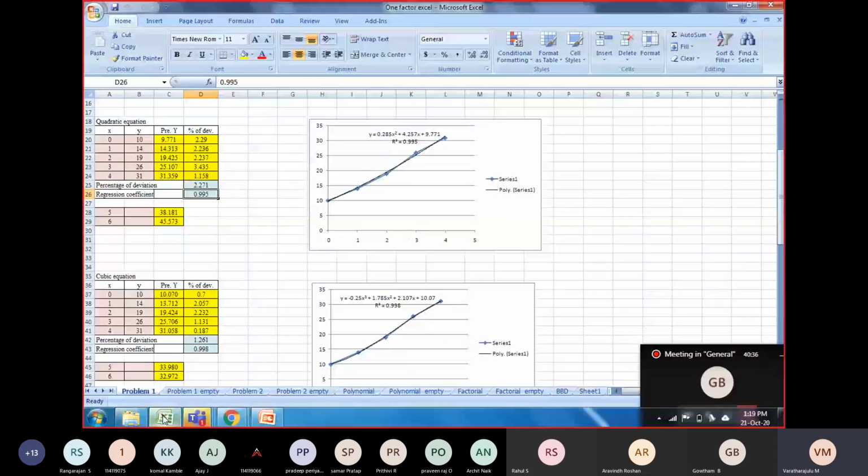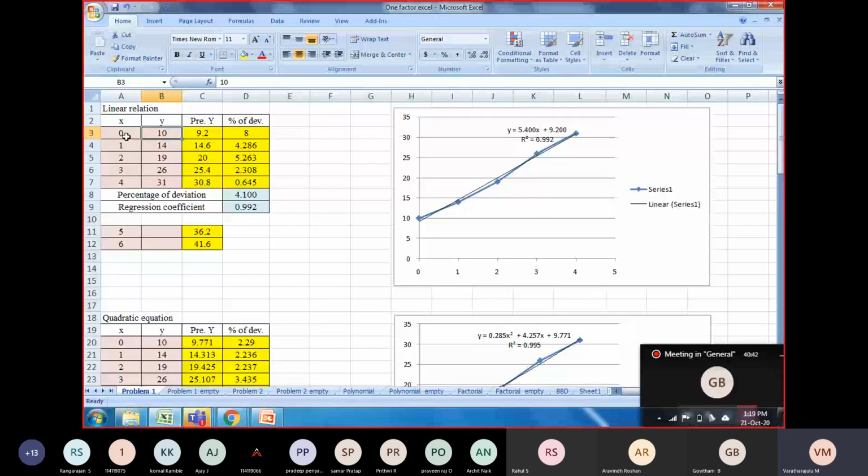See the Excel. This is basic data. You are already aware of building the mathematical model, which I have already given in the first unit itself, and with the aid of the scatter diagram you can get the mathematical model. Here, see y is equal to 5.4x plus 9.2, that we have obtained through the manual calculation.